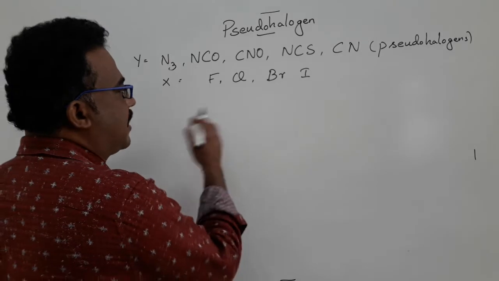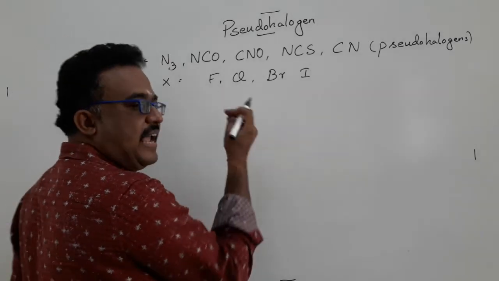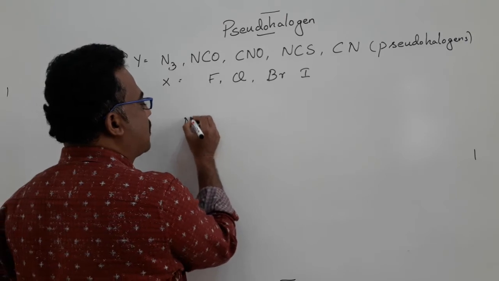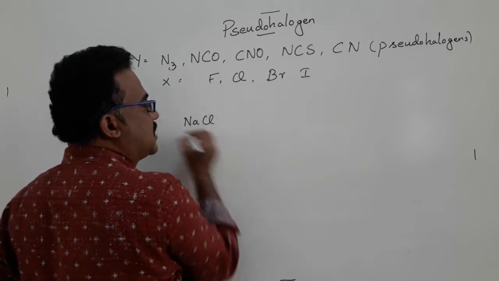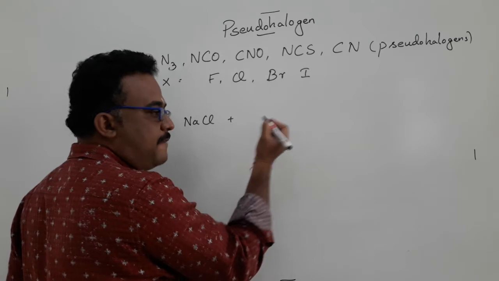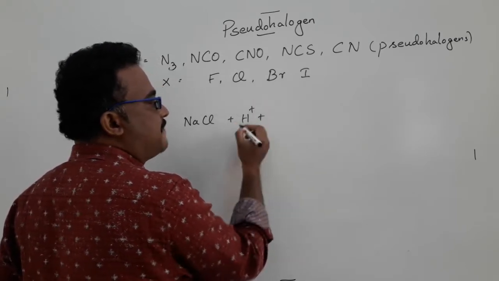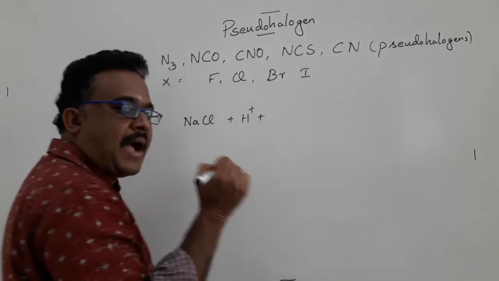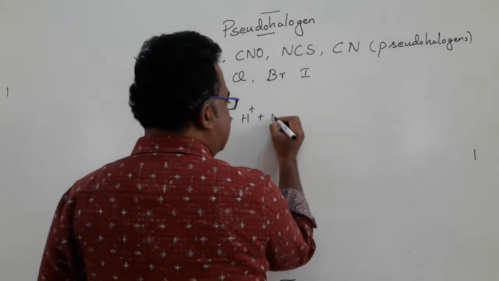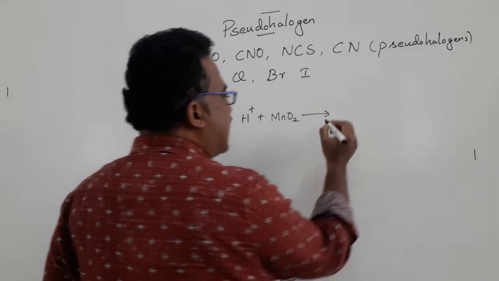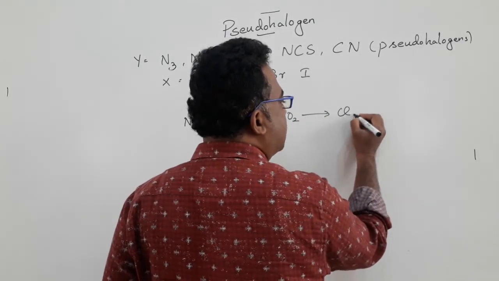Another one is this: we take any kind of halide. For example, if I take sodium chloride and dissolve it in sulfuric acid, maybe any acid H plus, and then react it with a mild oxidizing agent such as MnO2, what happens? It gives the liberation of chlorine.